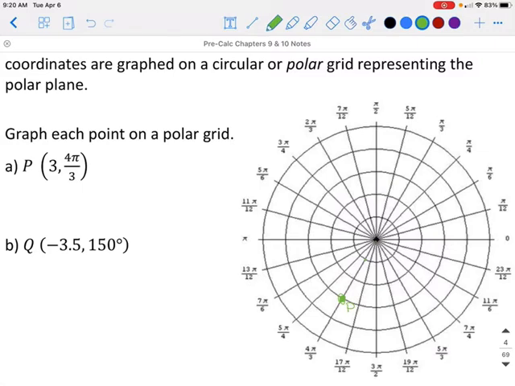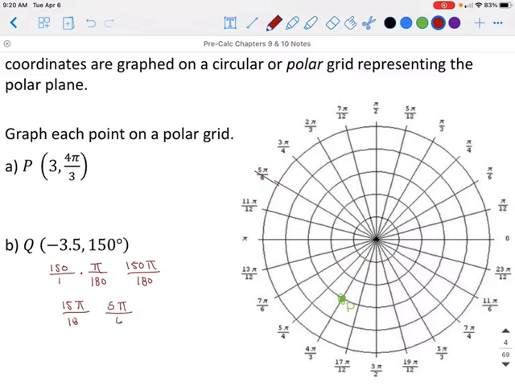For 150 degrees, if you notice this polar coordinate is in radians, so we convert this 150 degrees to radians first. Remember that you multiply by pi over 180. So this is 150 pi over 180. If we reduce this, that's 15 pi over 18. 3 goes into both of those, so it would be 5 pi over 6.